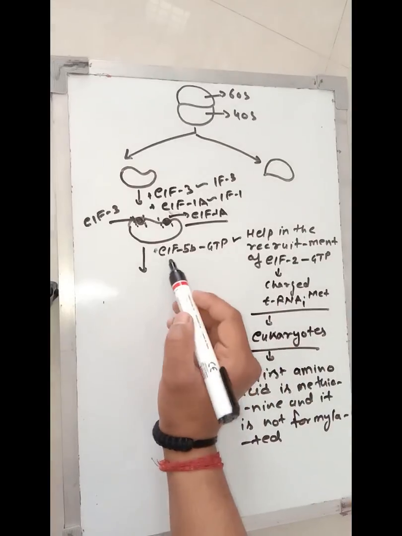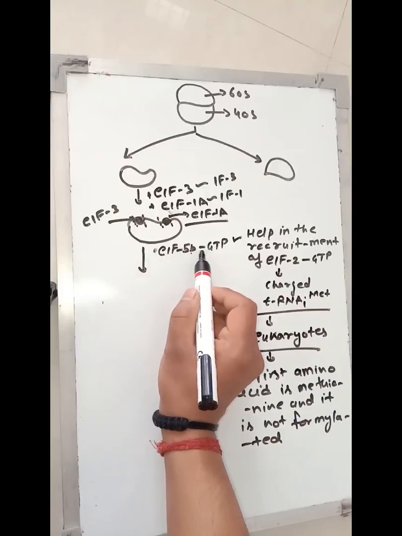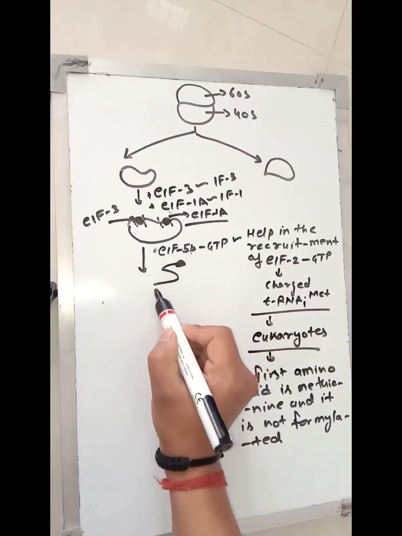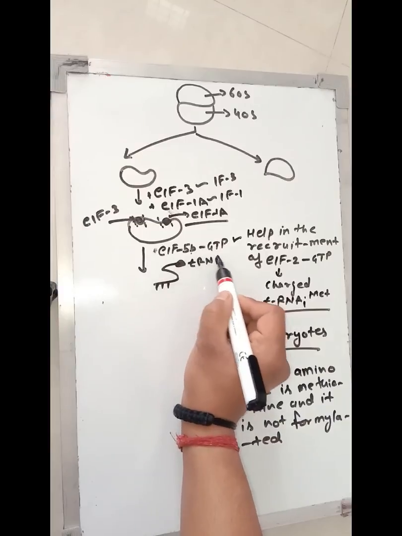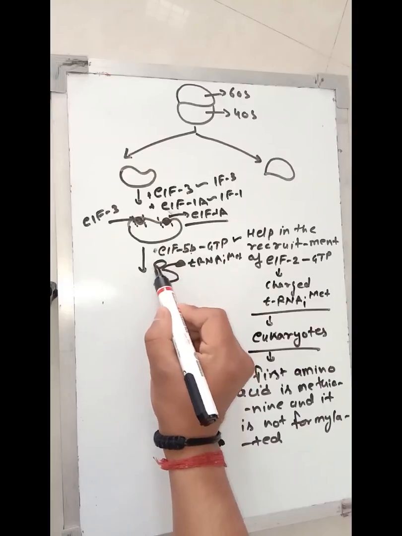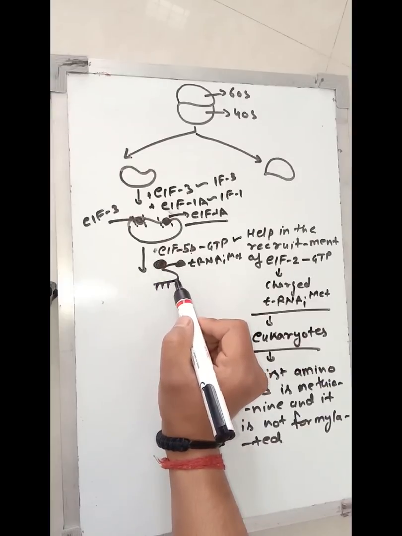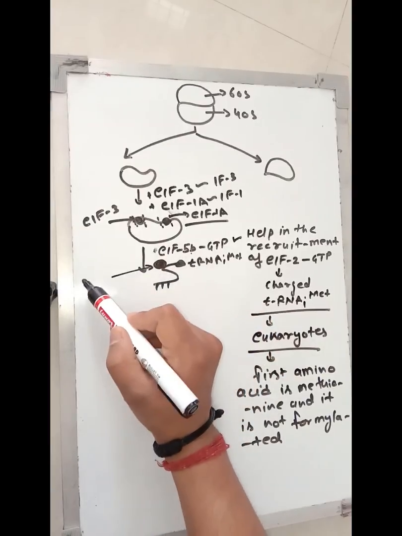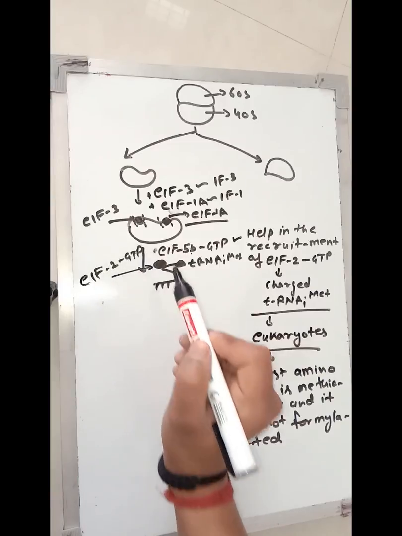So here EIF5B GTP helps in binding of the tRNA, that is tRNA methionine, and the factor which helps in bringing this charged tRNA to the ribosome is EIF2, which is also linked with GTP.